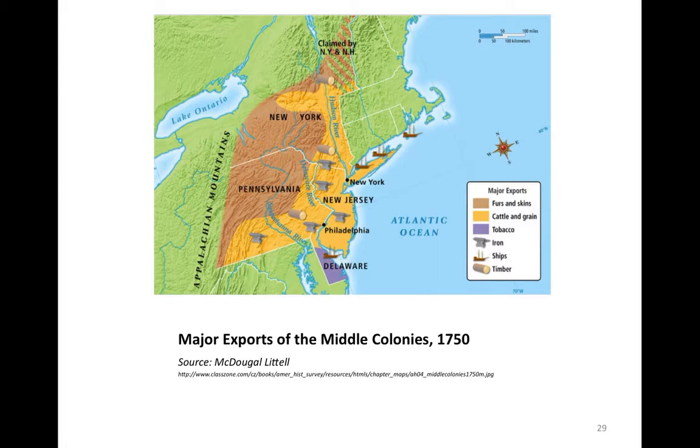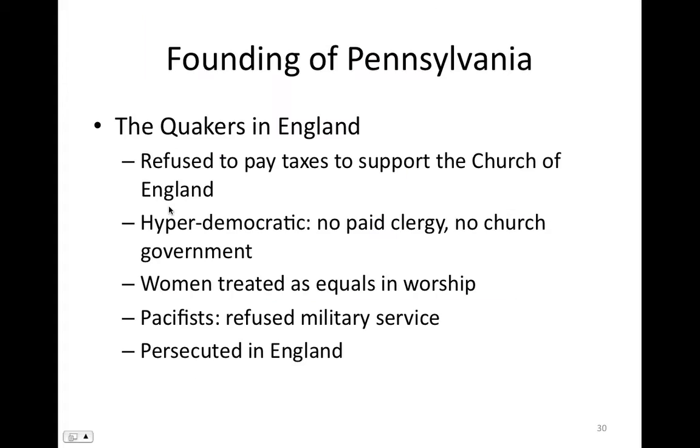And as you can see, the economies of New York and Pennsylvania continue the tradition of trading with Native Americans for furs. That's a big deal on the western frontier. And then the production of cattle and grain, so wheat, corn, things like that, is a huge economic activity there. We'll talk more about the cities as well.